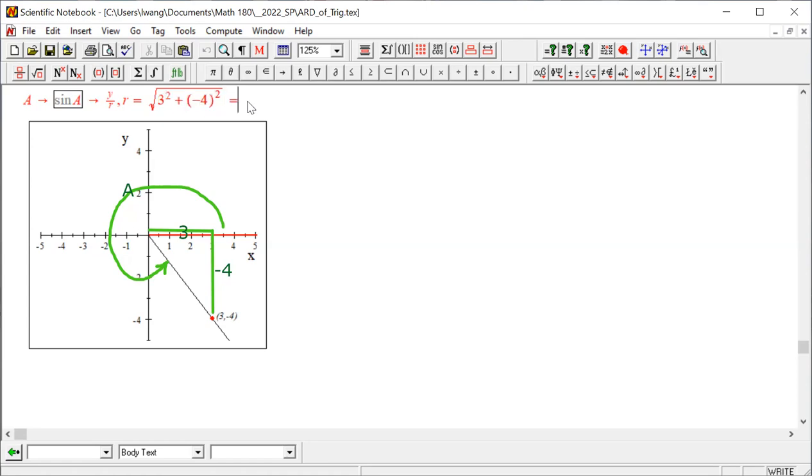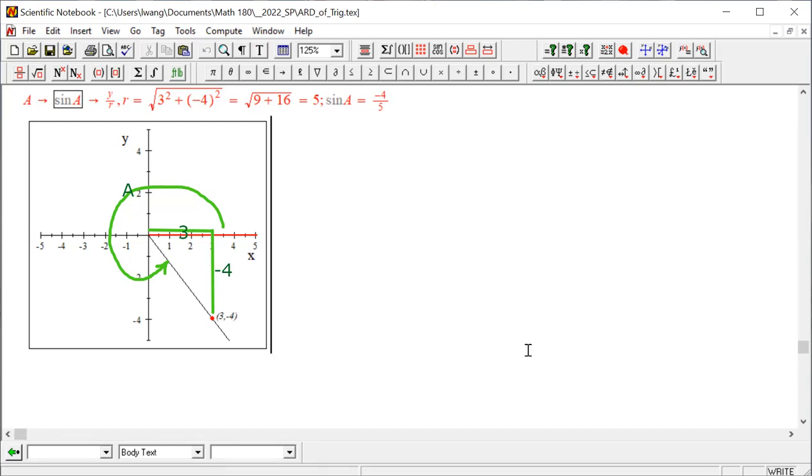And once again, 9 plus 16 equals the square root of 25. Square root of 25 is 5 again. So now we can calculate sine of this angle A, which is equal to y over r. Y is -4, and r is 5.